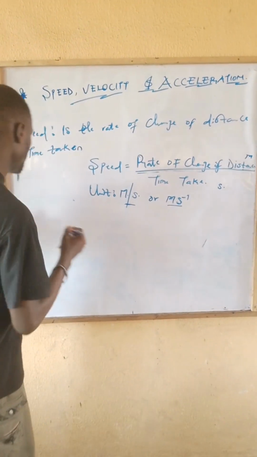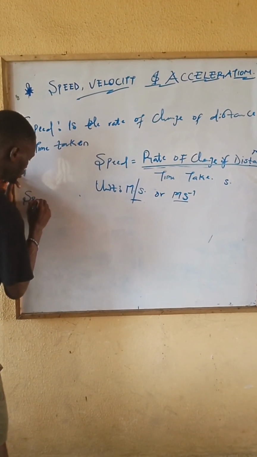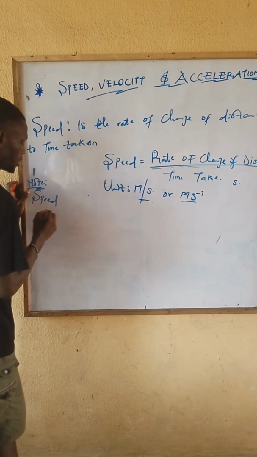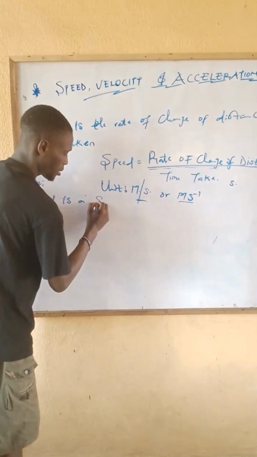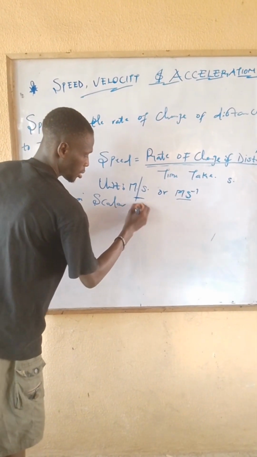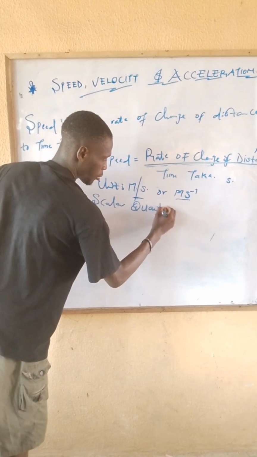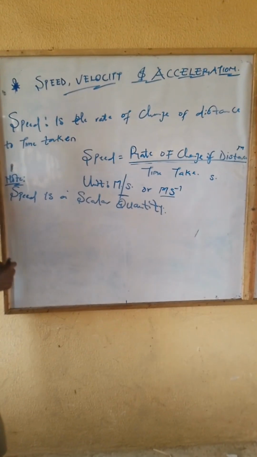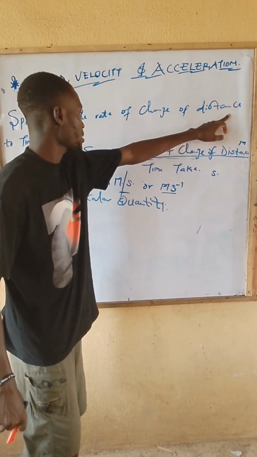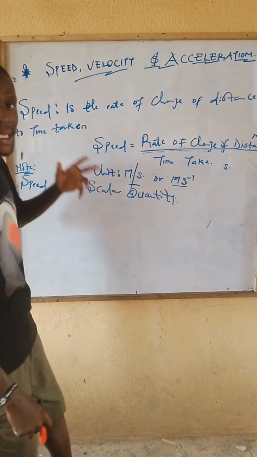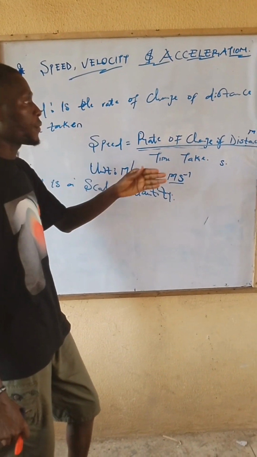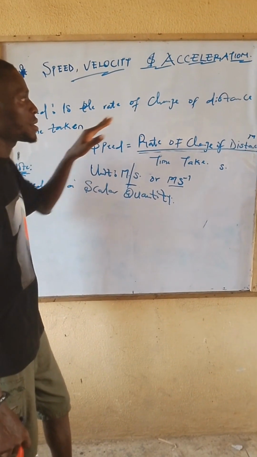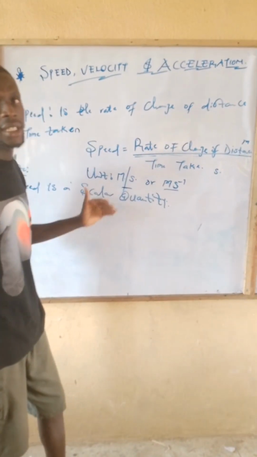Note, speed is a scalar quantity. Don't forget, as I've earlier said, that speed is the rate of change of distance to time taken, or distance moved to time taken.